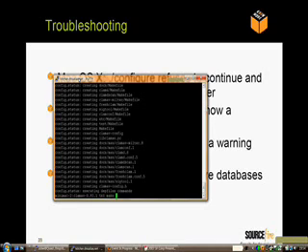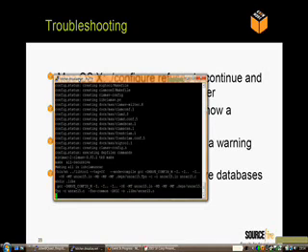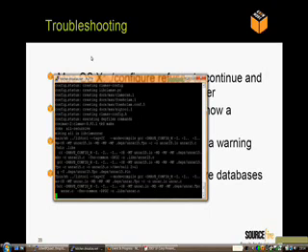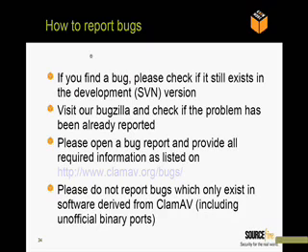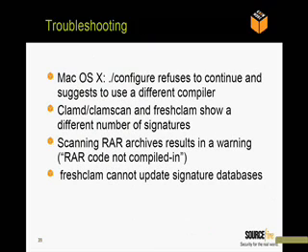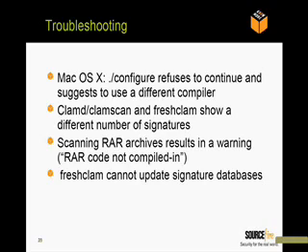Okay, so it compiles. ClamD, ClamScan, and FreshClam show a different number of signatures. I already showed you the reason for this. The main reason is that ClamD and ClamScan by default don't load some signatures, for example PUA signatures, while FreshClam will show the number of all signatures it has found inside database files.